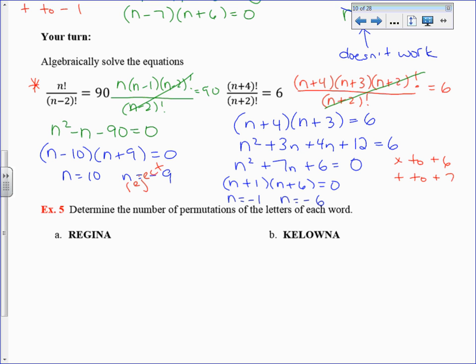So, negative 1 plus 4 factorial gives me 3 factorial, and if I check the bottom, negative 1 plus 2 factorial gives me 1 factorial. So this one I can keep. The negative 1 actually works in that case. But then if I look at the 6, negative 6 plus 4 factorial gives me negative 2 factorial, so I have to reject that.